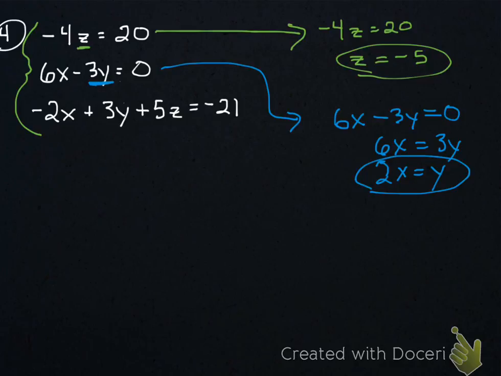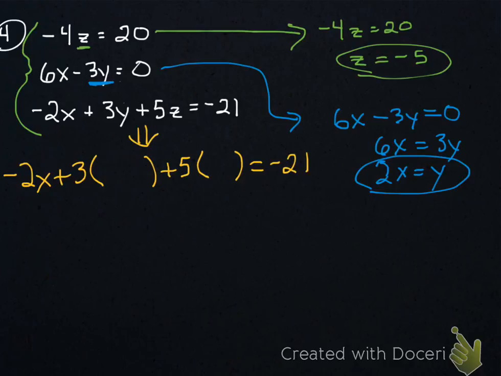So we're going to use this relationship and our relationship for z, and we're going to plug those both in to the last equation. So last equation, I have minus 2x plus 3. Now I've got something to plug in for y, plus 5. I've got something to plug in for z, equals negative 21.